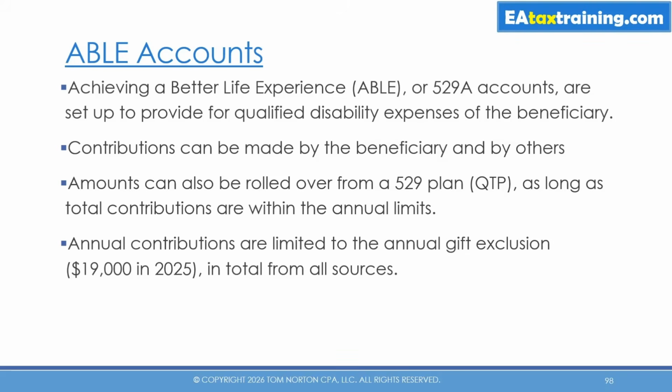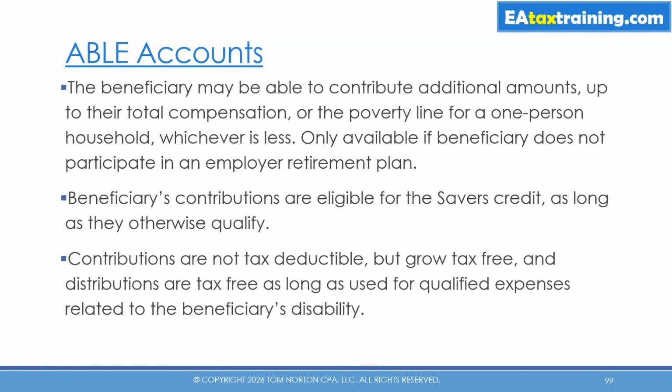The annual contributions are limited to the annual gift exclusion amount, which for 2025 is, of course, $19,000. And that is contributions from all sources, from all people. Having said that, the beneficiary themselves may be able to contribute additional amounts over that $19,000. So the amount that they contribute is up to their total compensation or the poverty line for a one-person household, whichever is less.